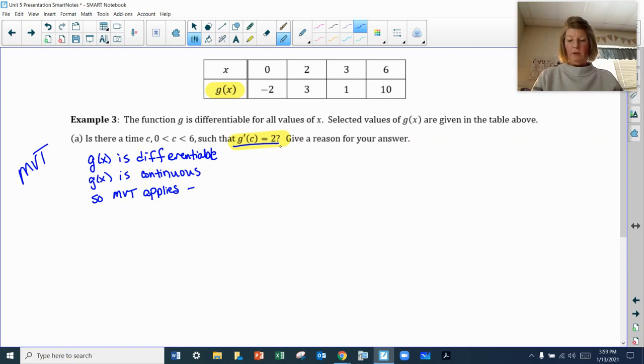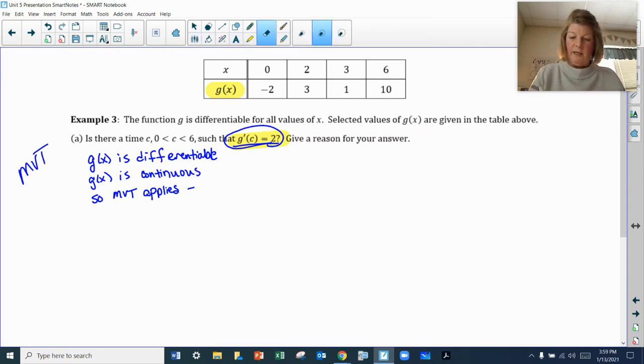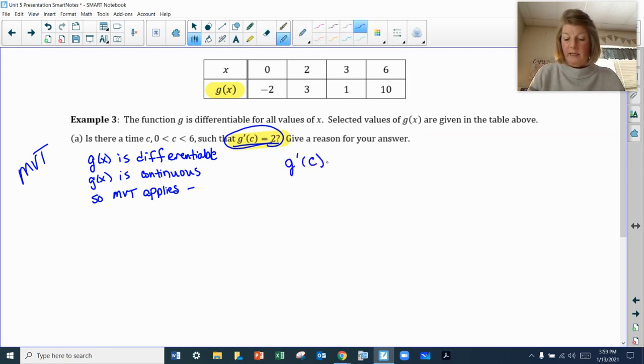So what I need to do is find where the derivative equals 2. I need g prime. They're working with the g function, aren't they? I need to find g prime of c equal to g of something minus g of something over b minus a.